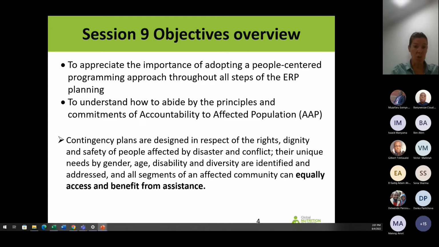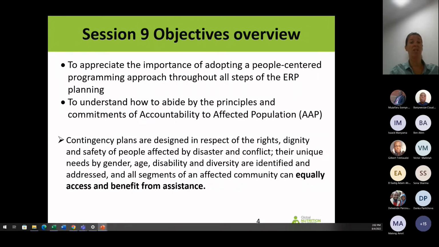By doing so, your contingency plan, your ERP plan, will be designed in respect of the rights, dignity, and safety of people affected by disaster and conflict, and their unique needs by gender, age, disability, and diversity are identified and will be addressed, and all segments of an affected community can equally access and benefit from assistance.